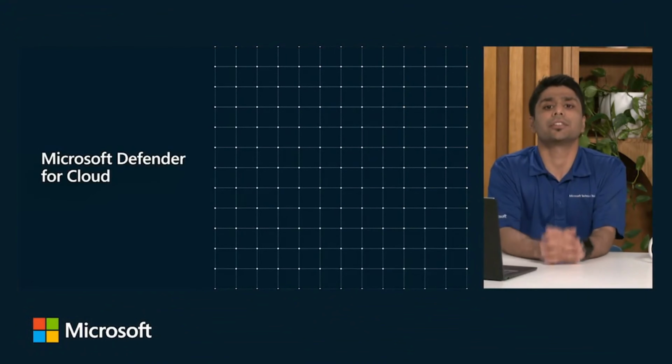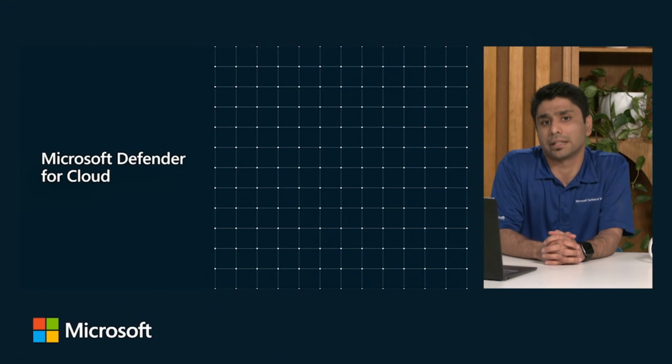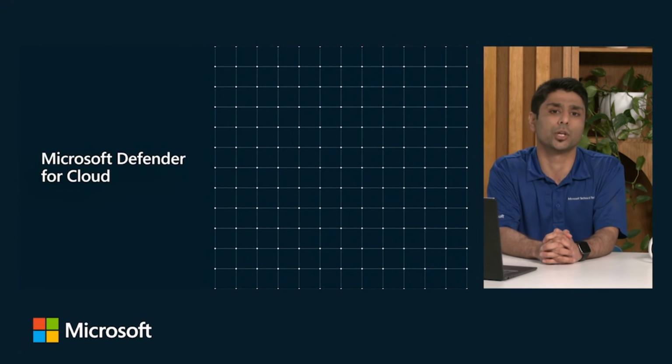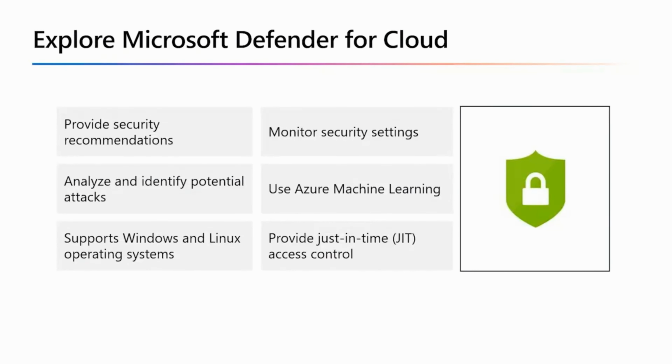Now, if you use Azure, a feature called Microsoft Defender for Cloud is a must-have tool in your toolbox. Microsoft Defender is provided in two tiers. The free tier provides security recommendations based on an assessment template customized for Azure. The enhanced features include upgrade packages based on different workloads. For example, for VMs, it provides just-in-time access control.